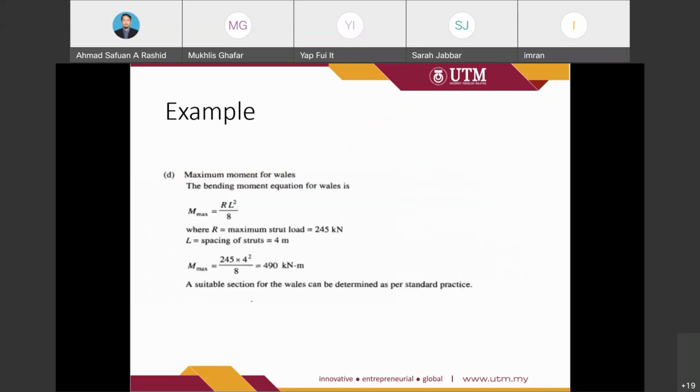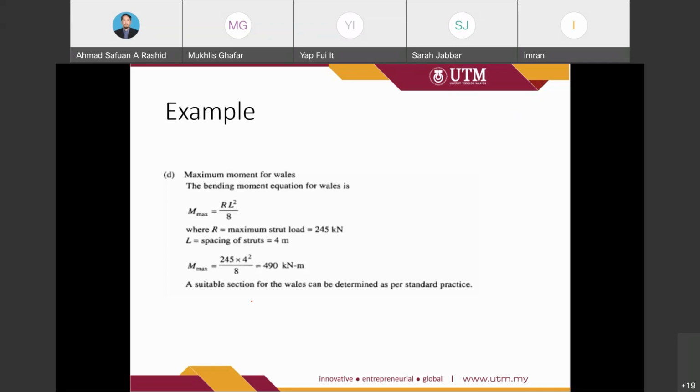The last one is the maximum moment for the wale. The bending moment equation for the wale is equal to RL squared over 8. So 245 times the spacing of the strut, which is 4 to the power of 2, divided by 8. So the value is equal to 480.